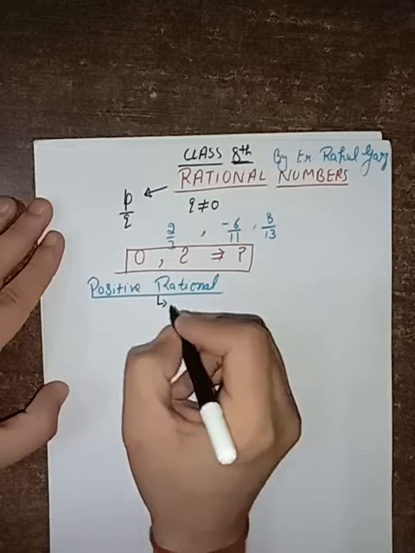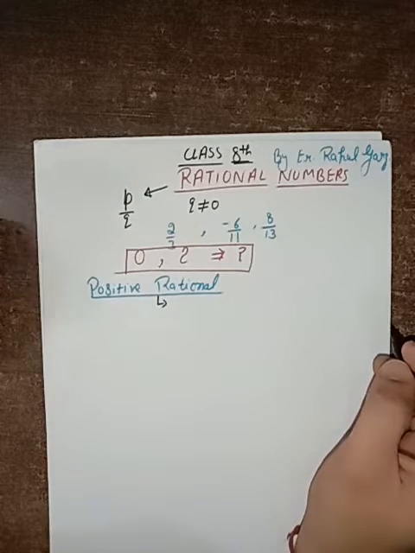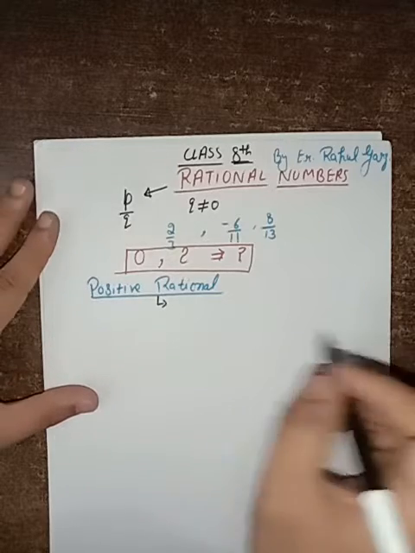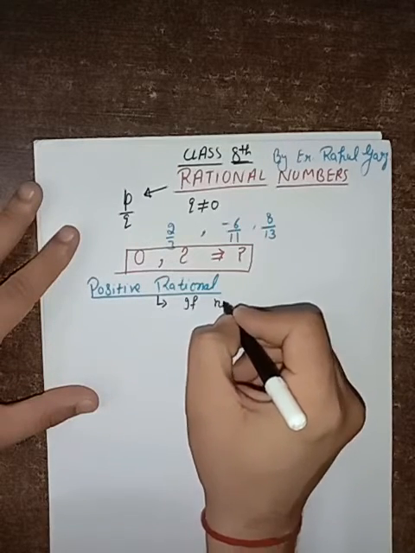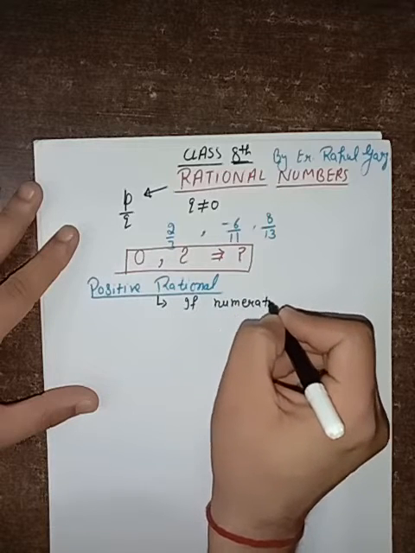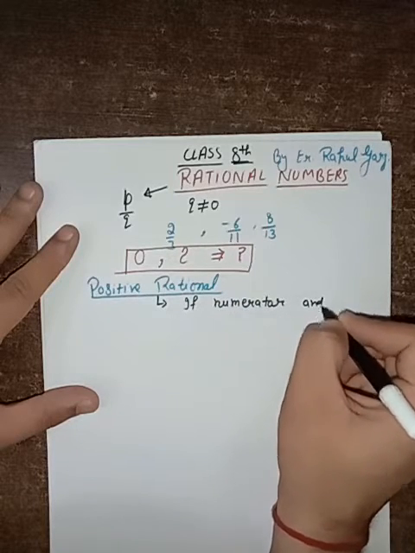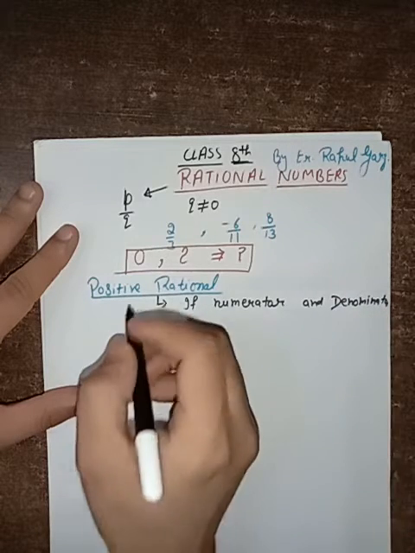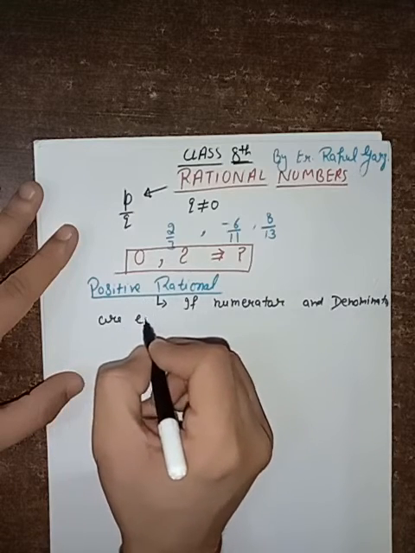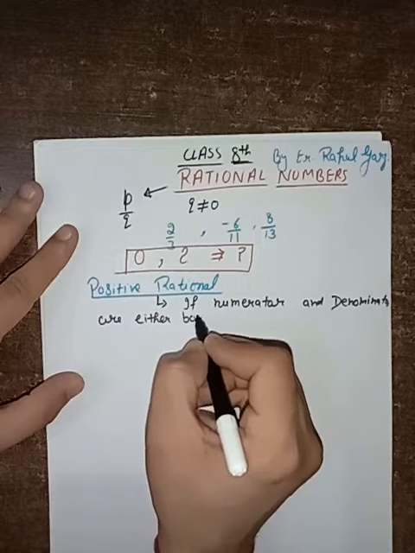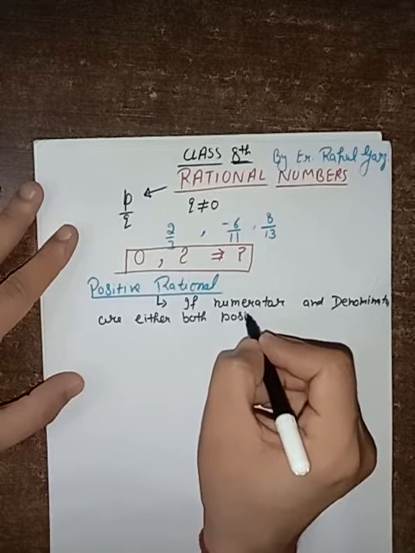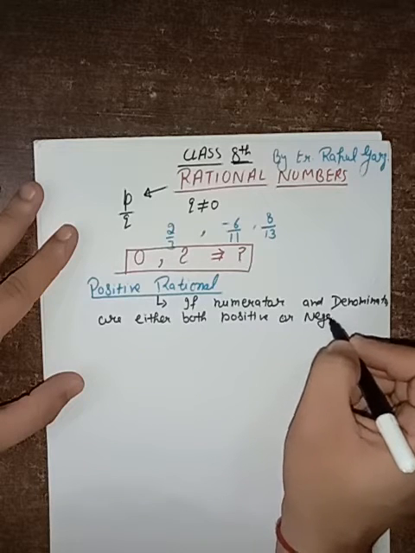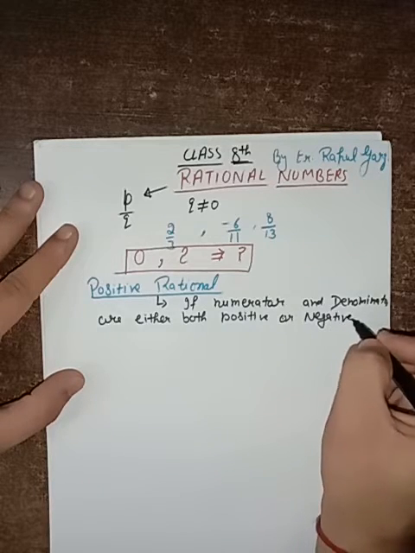It means if numerator and denominator are either both positive or both negative, then the number will be a positive rational number.